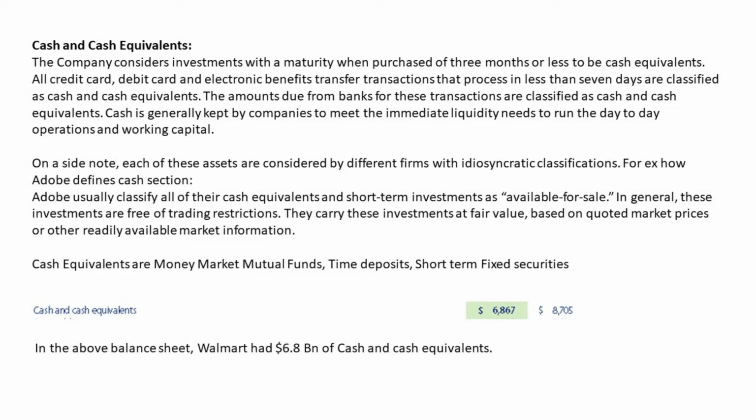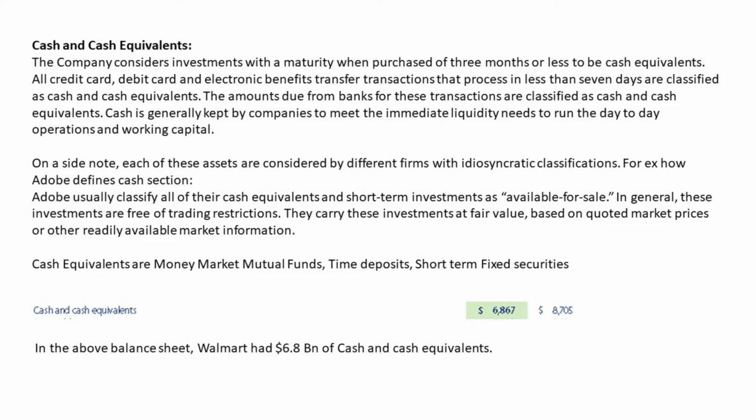The amounts due from banks are noted, and then the cash is generally kept by companies to meet the near-term liquidity or immediate need for money to run the day-to-day operations, including the working capital. Now, on a side note, each of the assets considered by different firms has specific or idiosyncratic classifications.